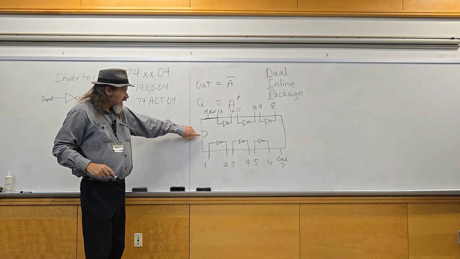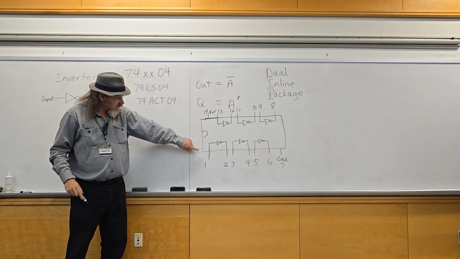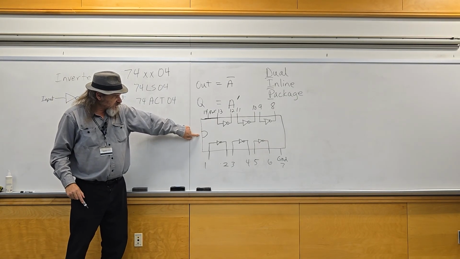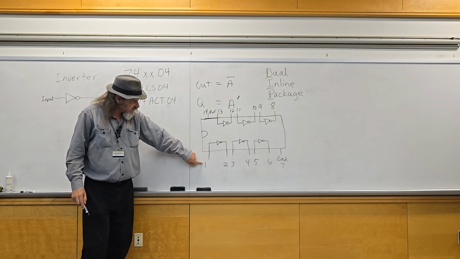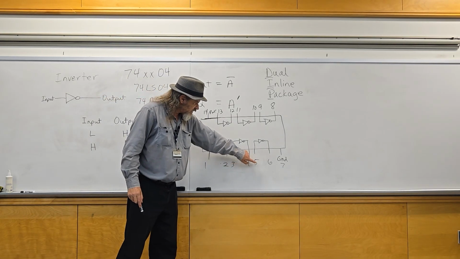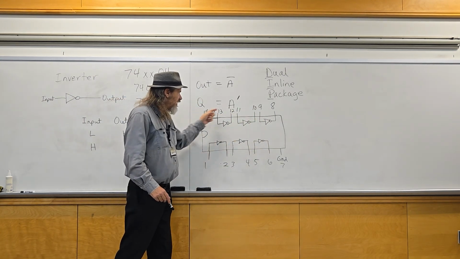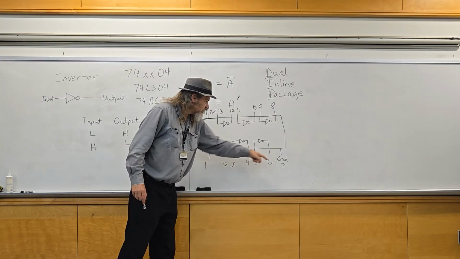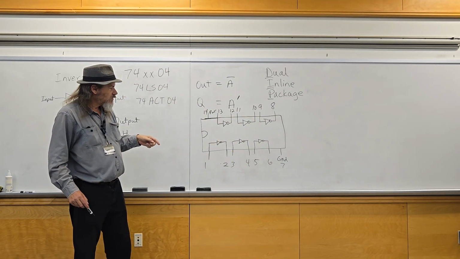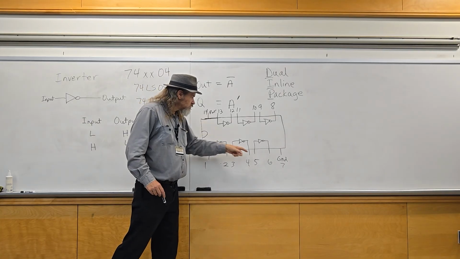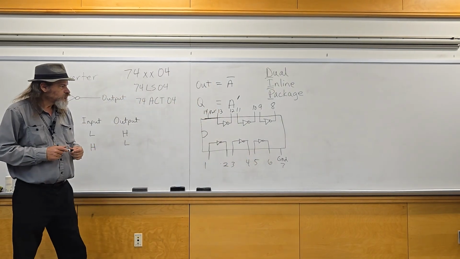There's going to be a notch on one end of the chip. Orient that to the left, and your bottom left corner is pin 1, pin 2, pin 3, counts around. It doesn't go 1 through 7 and then 8 through 14 along the same row. It goes 1 through 7, then around, 8 through 14. Power and ground are 14 and 7 respectively.